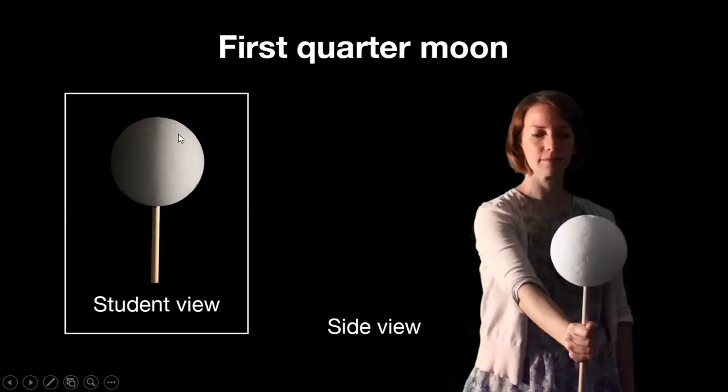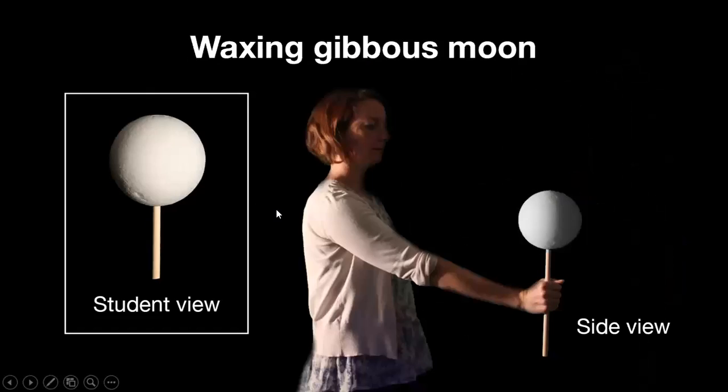And the next one is the first quarter moon. The next one is the waxing gibbous moon. By the view of the student, look at this, as I have shown you, by the side view as well as the front view. So you just have to concentrate on both views.